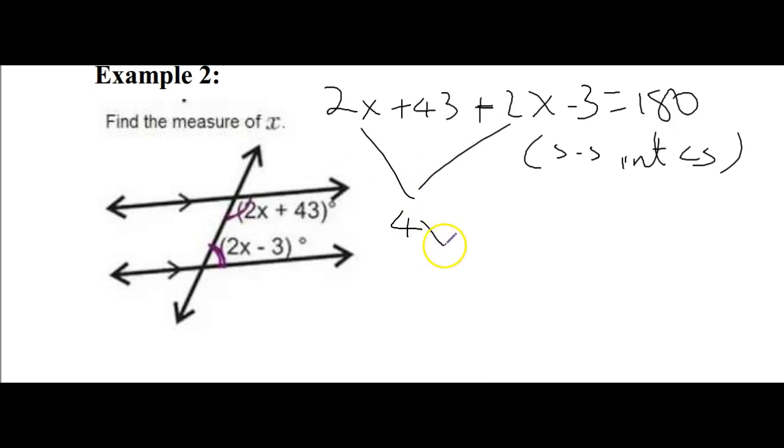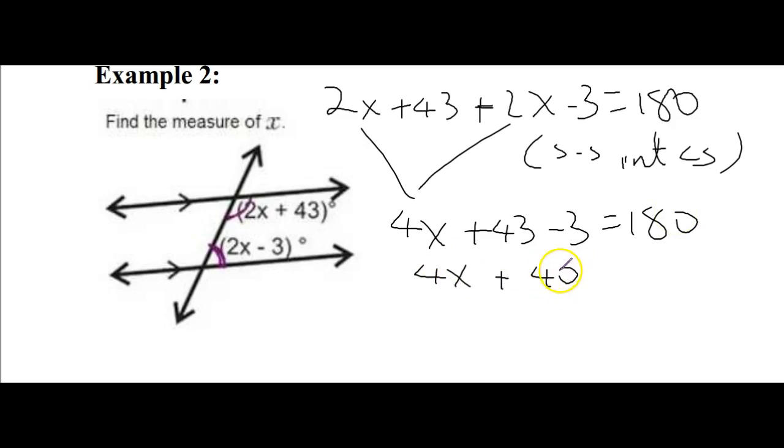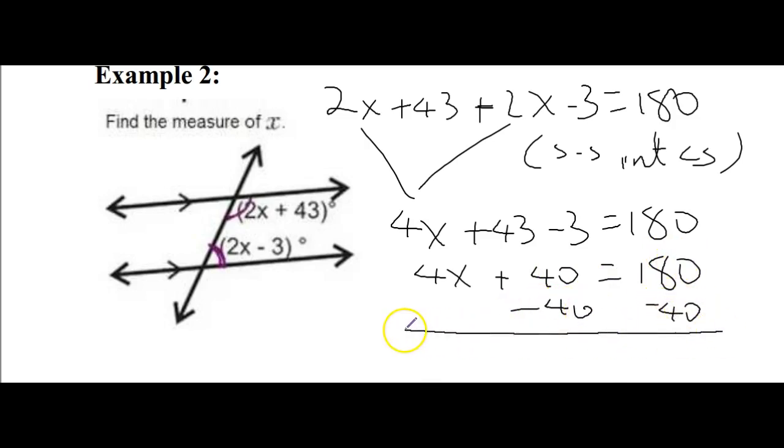This is 4x plus 43 minus 3 equals 180. So 4x plus 40 equals 180. Subtract 40 from both sides, we get 4x equals 140.